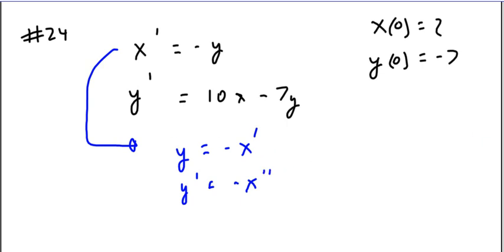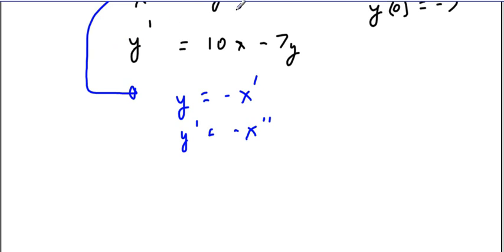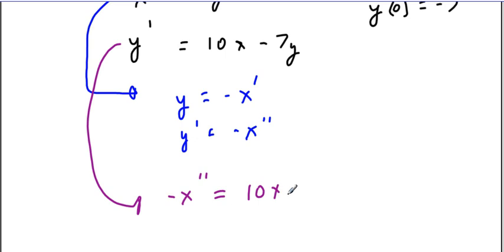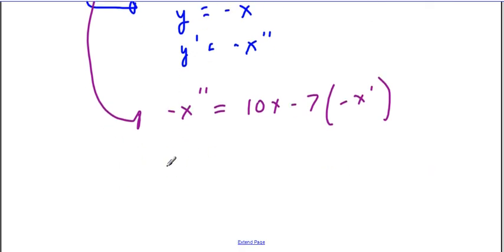And then we're going to use that in this equation and say that minus x double prime is equal to 10x minus 7 times y, which is minus x prime. Now we come up with an equation that looks like 0 is equal to x double prime plus 7x prime plus 10x.